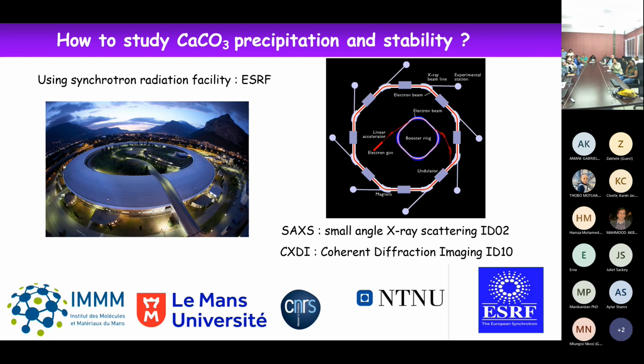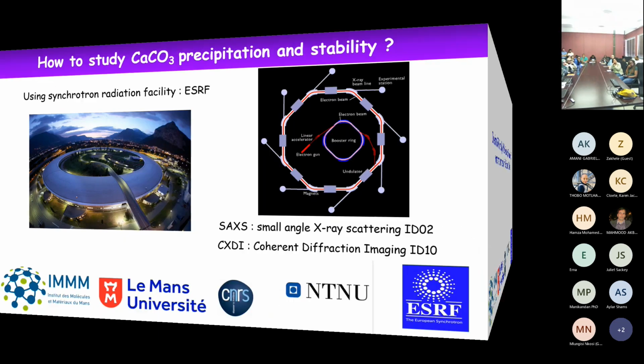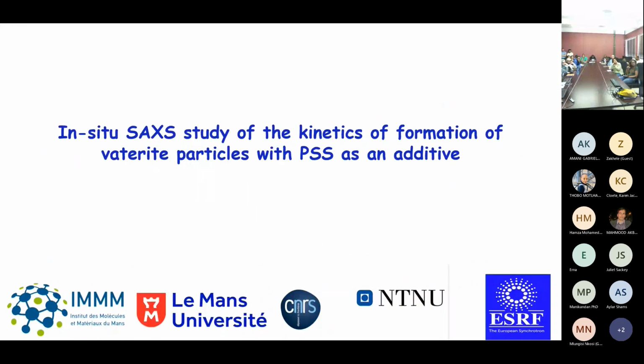Compared to what you can get in a lab, the brilliance of the synchrotron is 10 orders of magnitude bigger. So it means that you have a very intense beam, and you can do experiments at a very high speed. And what I'm going to show you is the kinetics of reaction made by in situ SAXS.